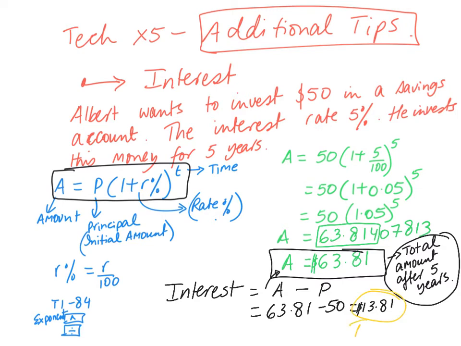So if they ask for the interest, this is the amount. So there will be some questions which will ask you about this. Okay. There will even be questions about population growth, like the population of a certain town is increasing in a certain way and stuff like that. So that's how you'll solve these questions.